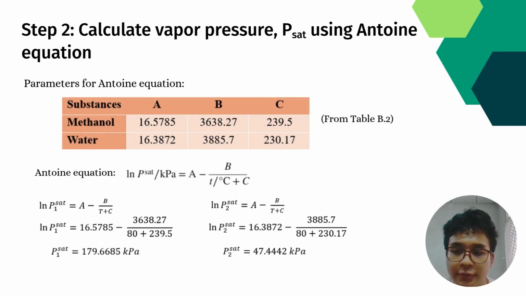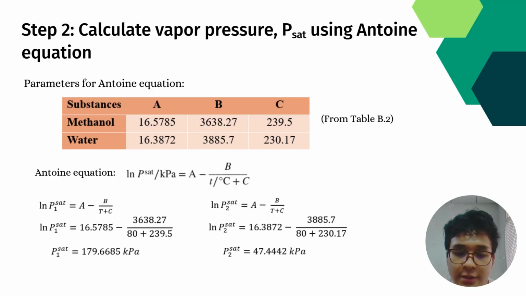So now we have to calculate the vapor pressure, P sat, using the Antoine equation. In order to calculate the vapor pressure, we have to determine the parameters of each substance for the Antoine equation from Table B.2. After getting the parameters as shown in the slide, we can use them to calculate the vapor pressure using the Antoine equation as shown in slide 2.